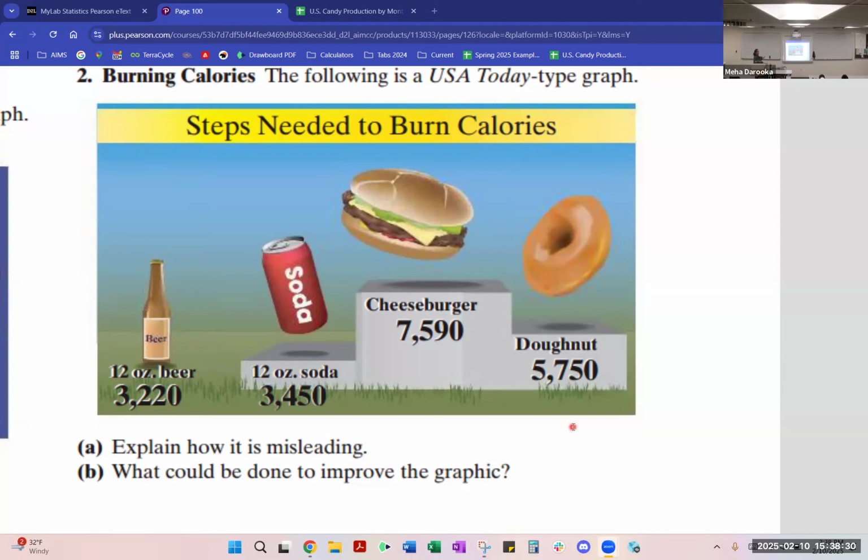Very good. So by putting the beer on the side, not on the podium, they're kind of saying you can probably have a couple more beers and it's not going to be a big concern because it's not as big and bad as the cheeseburger, which is at the top of the podium, at the higher level. So the second question was, what could we do to improve the graph?